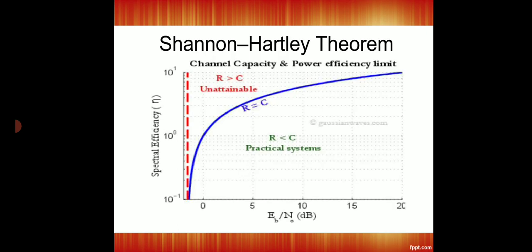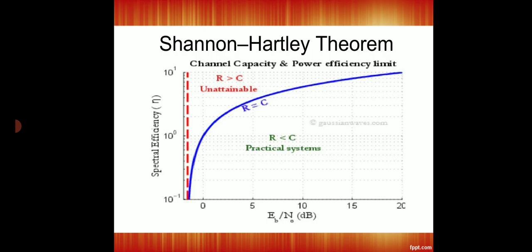In the graph you can see, considering all the possible multi-level and multi-phase encoding techniques, the Shannon-Hartley theorem states that the channel capacity is a tight upper bound on the information rate. In analog communication, this channel is subject to additive Gaussian noise.